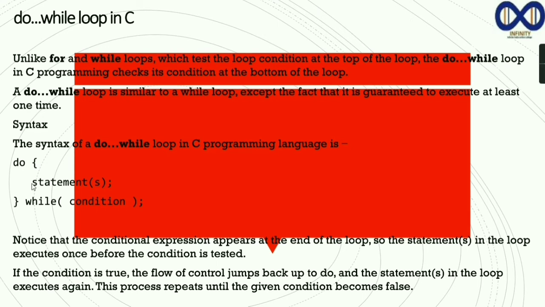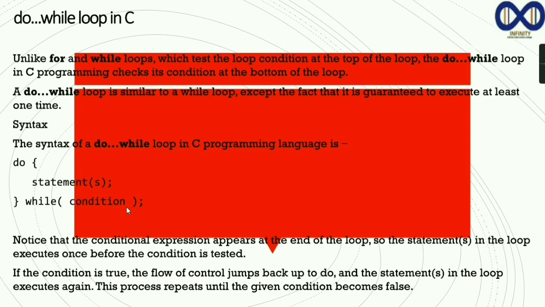So here we have do and the statements. Here we write the statements that are needed at that time. Then after the closing of the braces comes while and the condition, which can be less than or greater than, whatever you need.